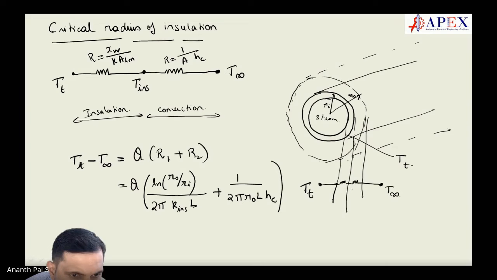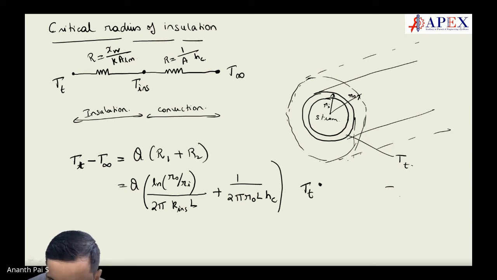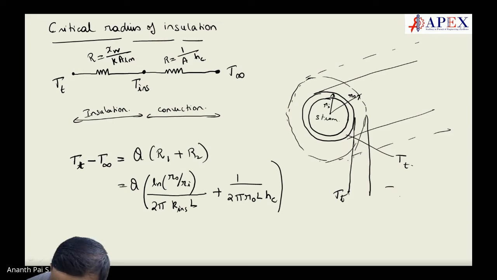TT is the temperature at the inlet, Ri here. This is the TT here. So not here. Outside. Oh, I'm sorry, here I made a mistake. One second, there's a mistake. Wait a minute. Yes, here you have TT. Then you have insulation.